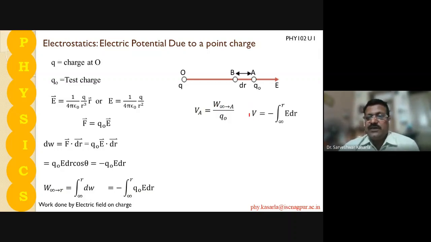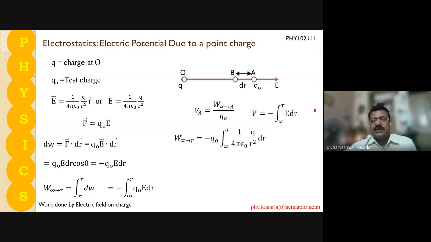Then the potential V is equal to minus the integration from infinity to r of E into dr. These are the expressions that one can solve in a simple way. Work done from infinity to distance r is equal to this much.